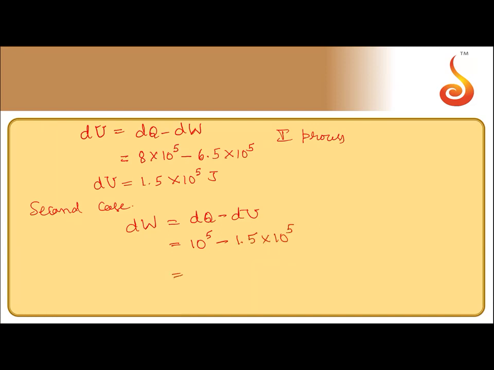So that will give you minus 0.5 into 10 to the power 5 joule. So negative sign indicates that work done is on the gas. So work done is on the gas, so it should be option A. Work done on the gas is 0.5 into 10 power 5 joule.